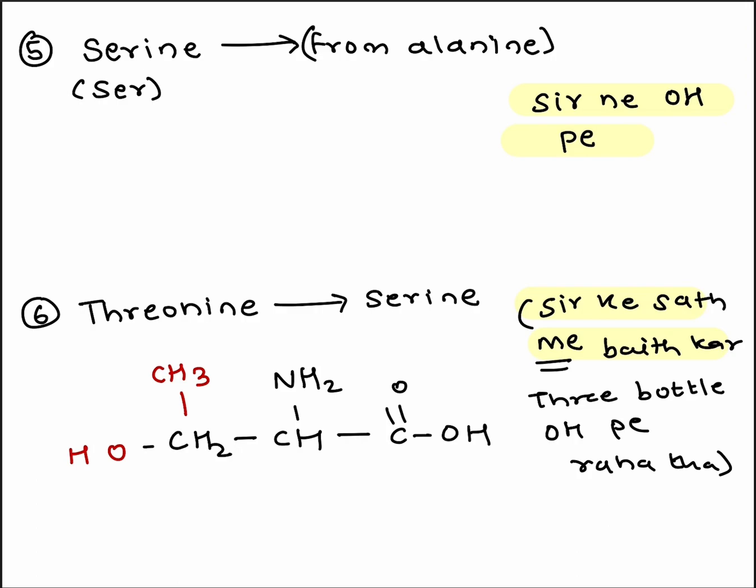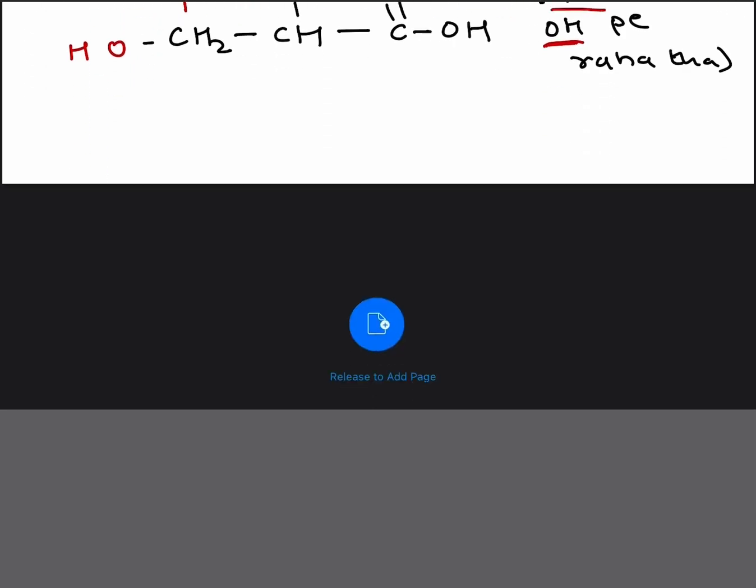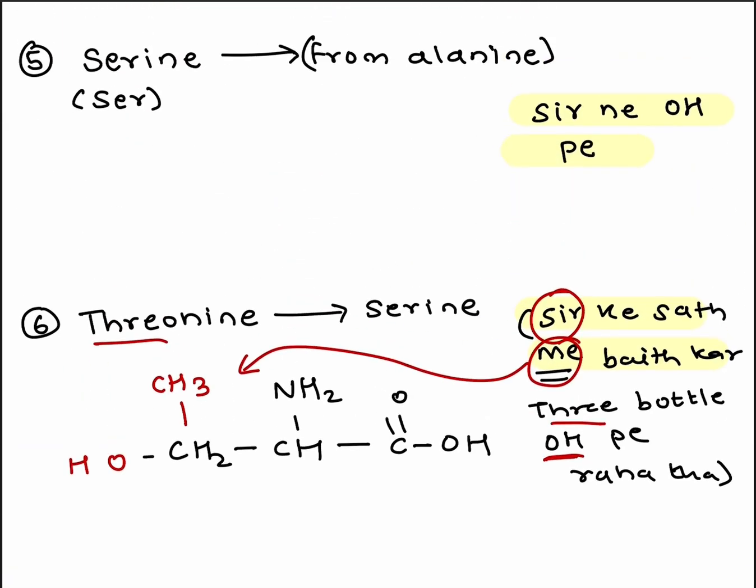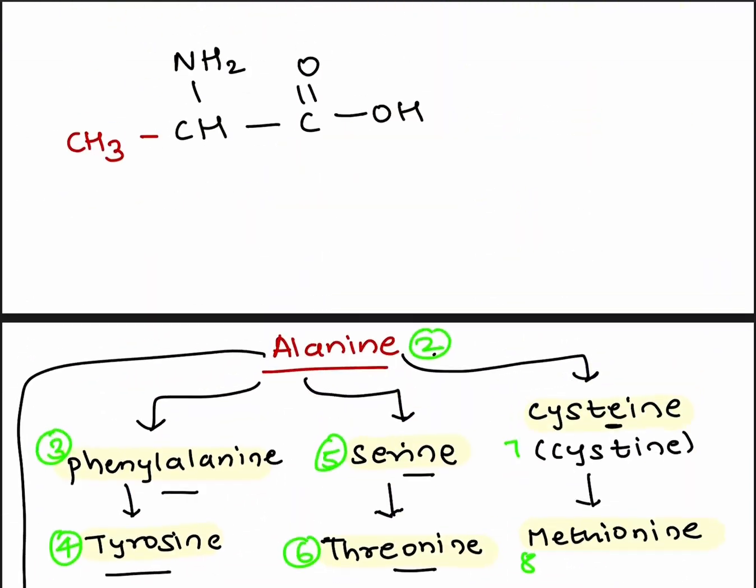What you need to remember is सर means serine, we are going to derive it from serine, के साथ बैठकर 3 बॉटल, 3 means this threonine, बॉटल अल्कोहल पी रहा था, for remembrance of alcohol.